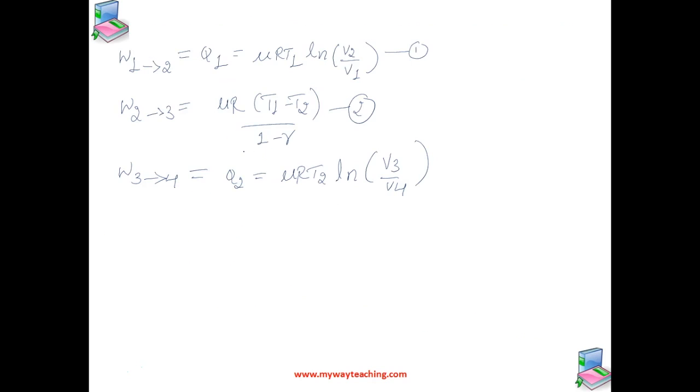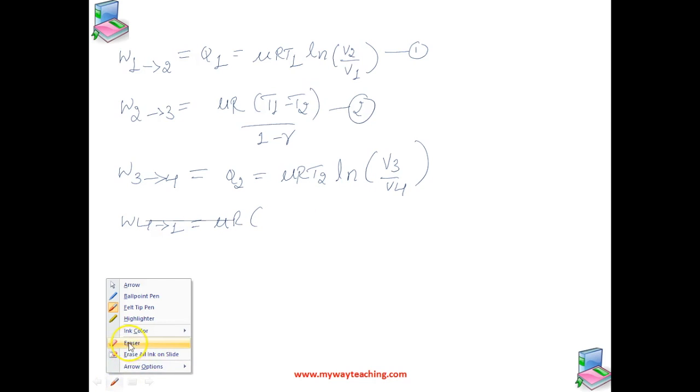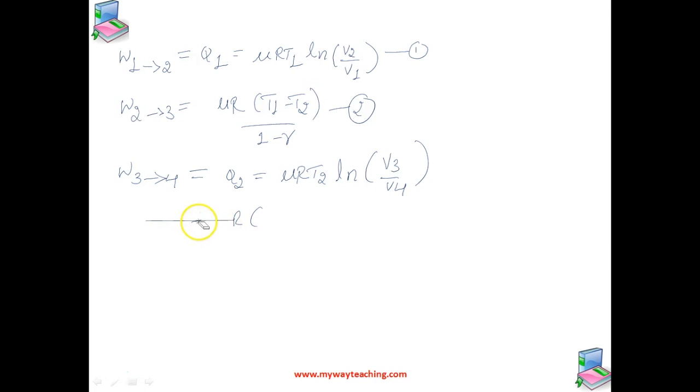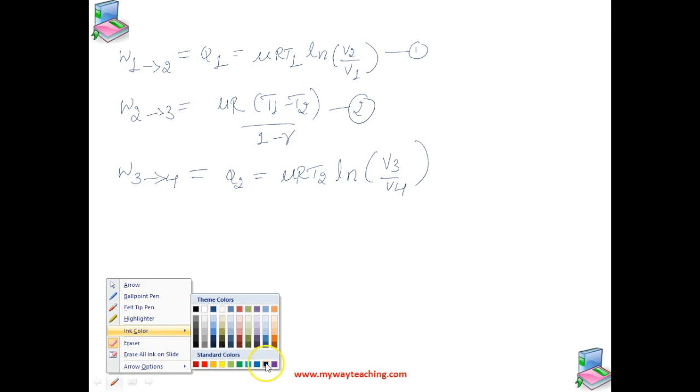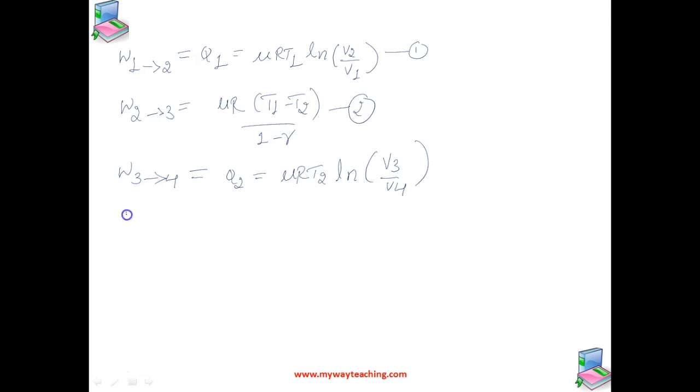So in that case, the work done on the gas we can write as W4 to 1.